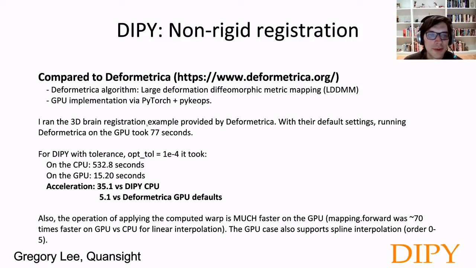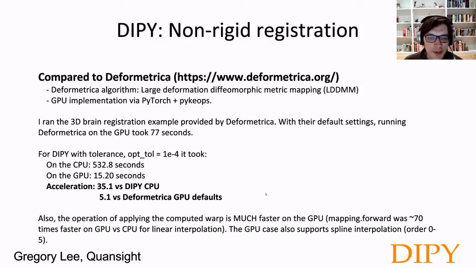And the GPU implementation in Deformetrica took a little over a minute to run on their example case. When I ran that on DIPY on the CPU, it took about 9 minutes, and on the GPU about 15 seconds. So we saw acceleration of 35 versus the DIPY CPU implementation, and it was also 5 times faster than the Deformetrica GPU implementation.